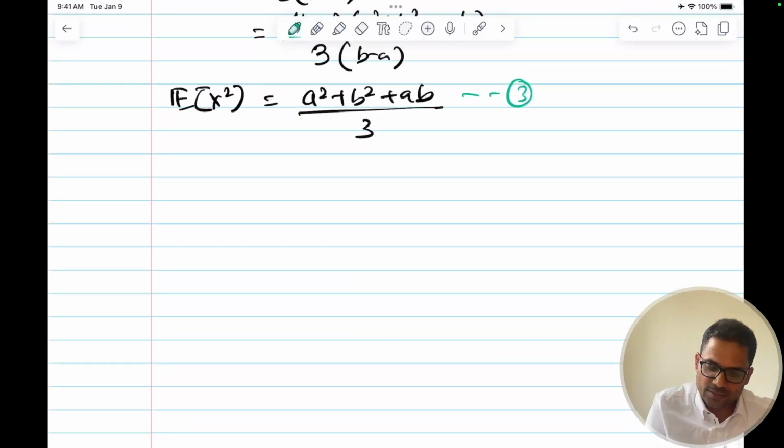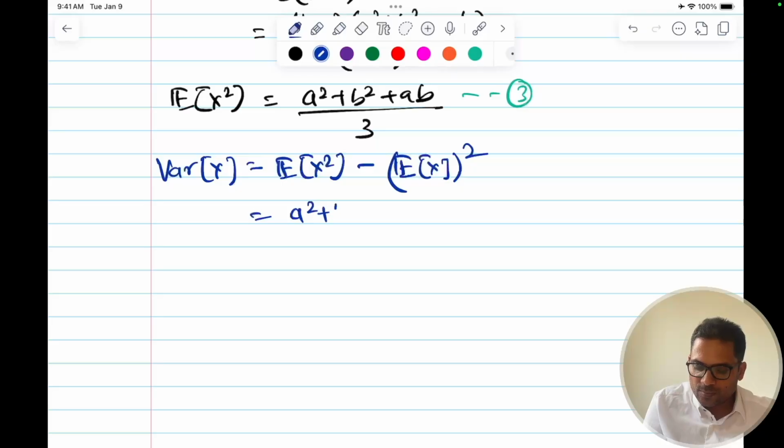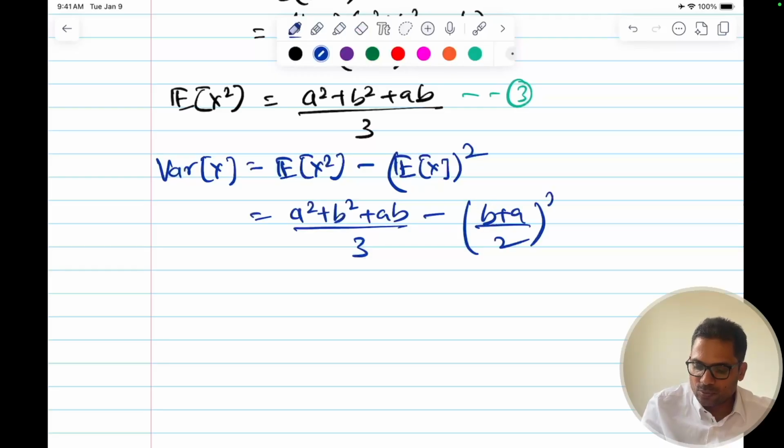So what will be the variance of x? Variance of x is equal to expectation of x square minus expectation of x whole square. This is equal to a square plus b square plus ab by 3 minus, sorry, this was b plus a, b plus a by 2 whole square.